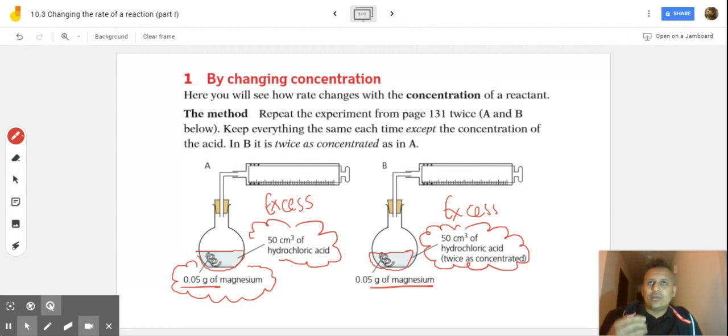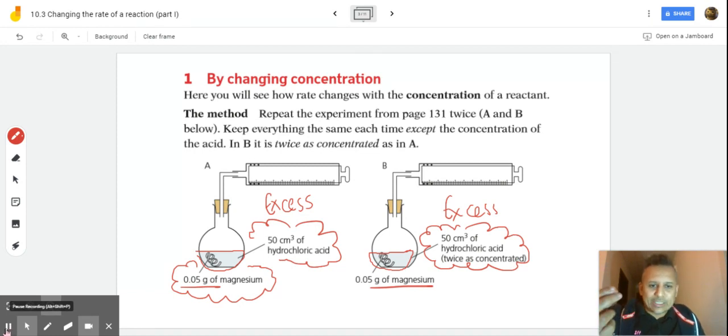Because you've got more acid particles, twice as many in that volume, the chances of having a successful collision are doubled. Remember, it's not always the case that when an acid particle bumps into a magnesium particle, you have a successful chemical reaction. It has to actually be travelling towards the magnesium with a sufficient amount of energy as well.